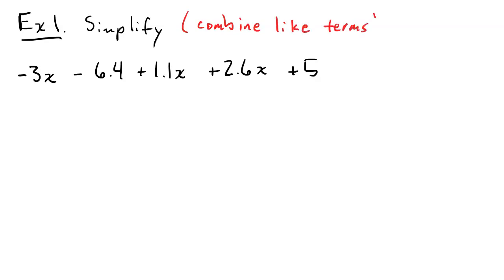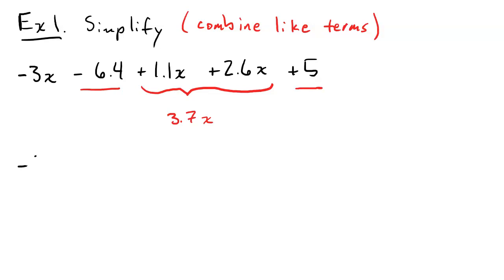Okay. And when you combine like terms, for instance, these two, as you can tell, they both have x and some coefficient. So we can combine these to make it 3.7x. We have a negative 6.4 and a positive 5. So we can combine those, and that'll be negative 1.4. So let's just write down what we have so far.